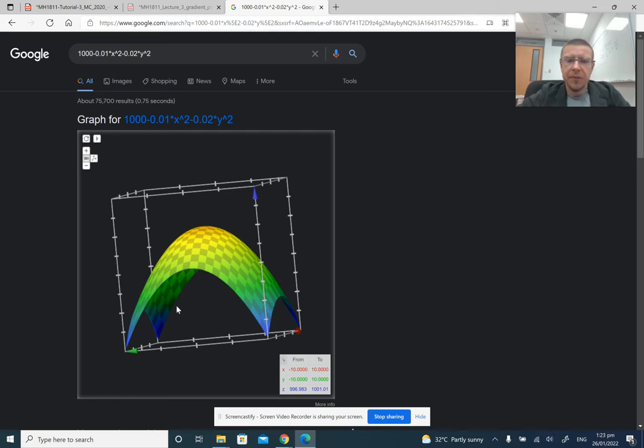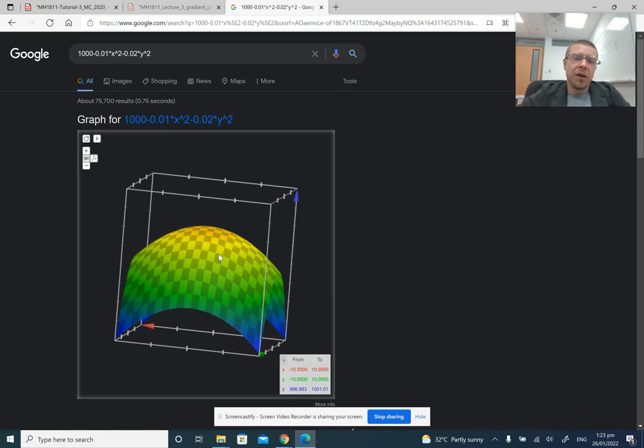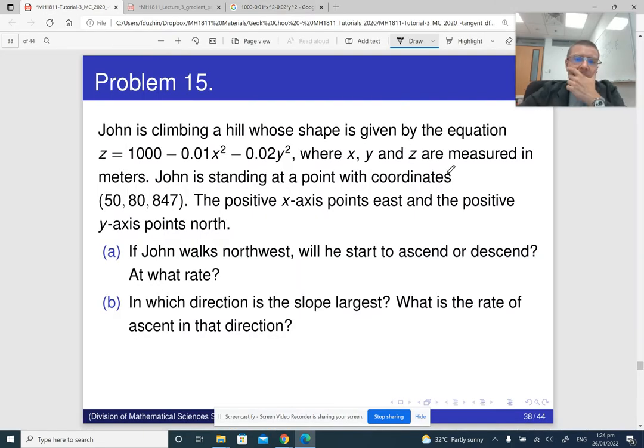It doesn't matter. And this character John is somewhere on this hill, and he's walking somewhere. Okay, so x, y, and z are measured in meters.